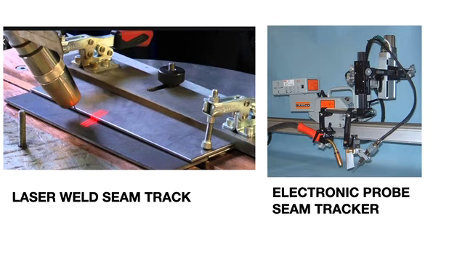Here we can see the welding torch will always trail the seam tracker. To the right of the welding torch, you can see an electronic probe, like a syringe, which detects the seam track, and then the program is transferred to the welding torch to adjust its position.